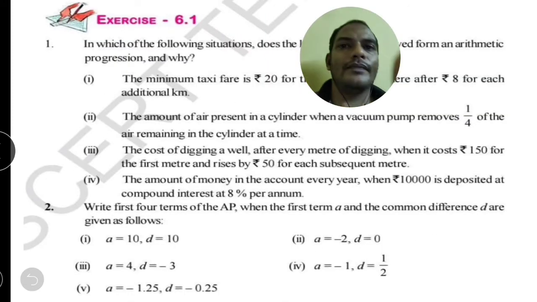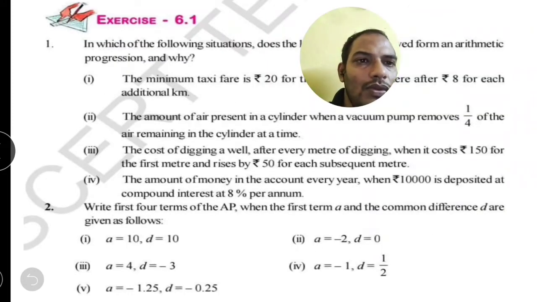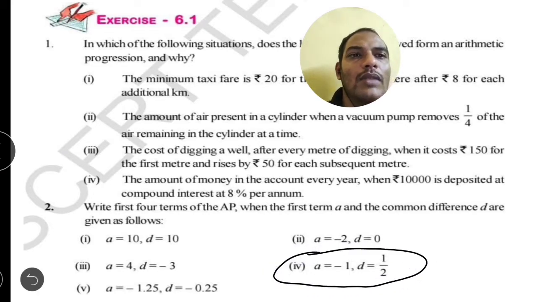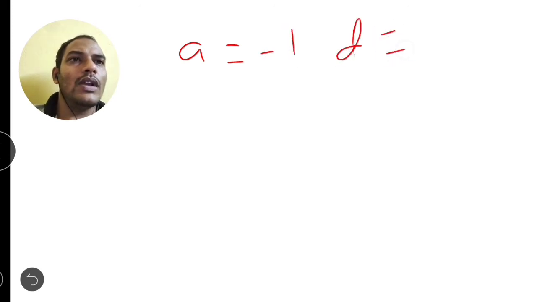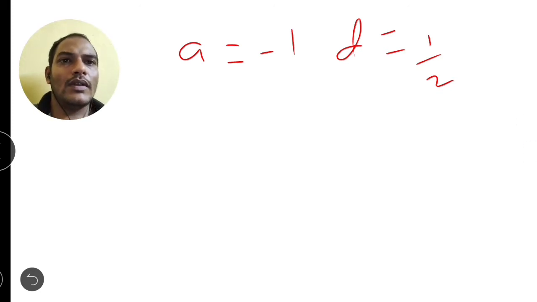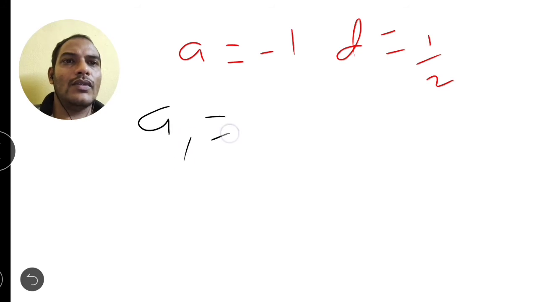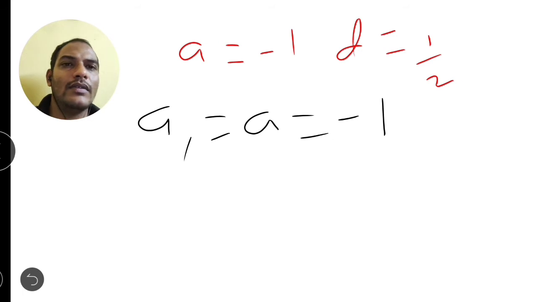Next go to fourth question. A value minus 1 and D value 1 by 2. So first term is A1. So A1 is equals to A. So A value already given, that is minus 1. Second term is A2.